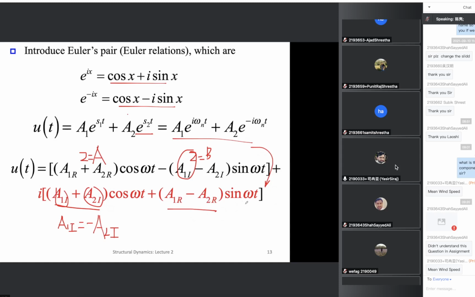Then the whole imaginary part becomes 0 for any time instant.